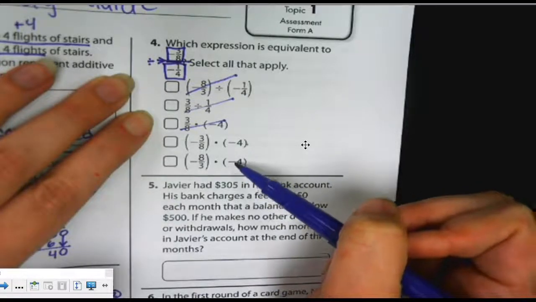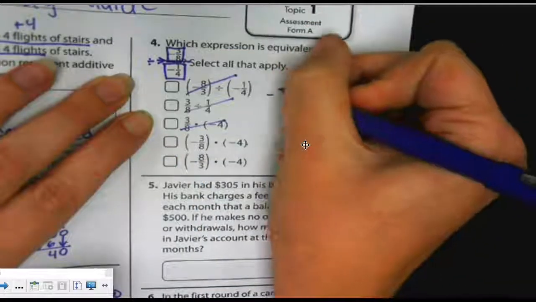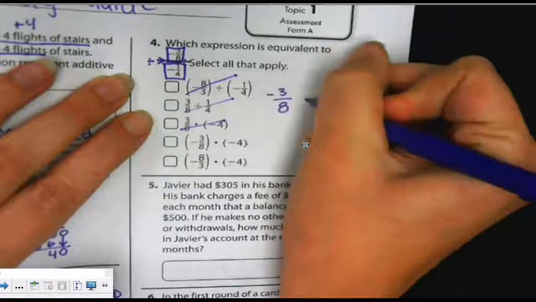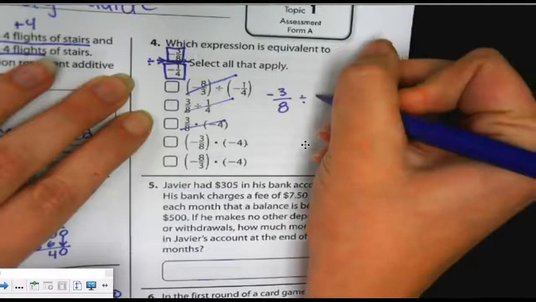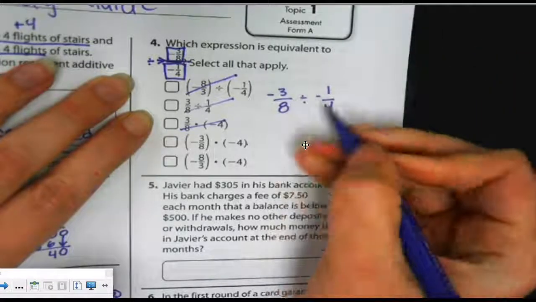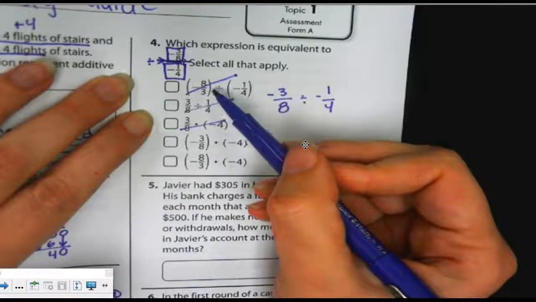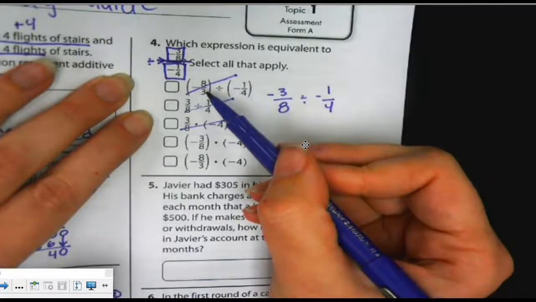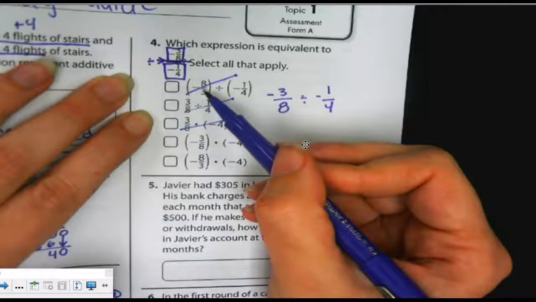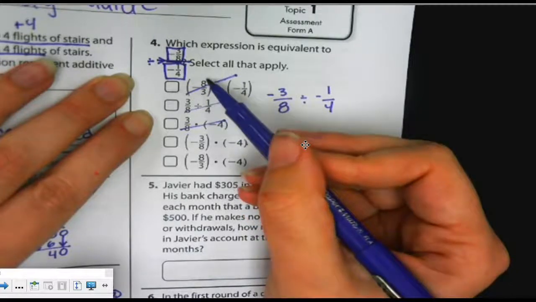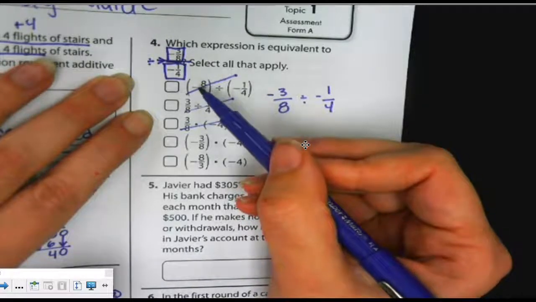So what I can do is I'm going to rewrite this. I would write it as negative 3/8 divided by negative 1/4. That would be one option, but I'm not seeing that option anywhere. I thought this first option was it, but it's not because this first one's flipped, and we should not have flipped the first fraction.